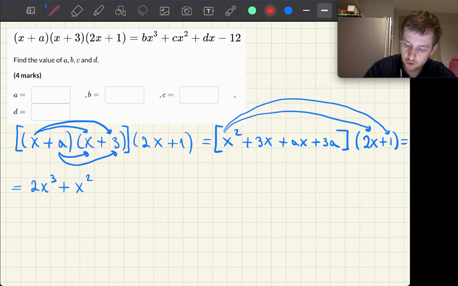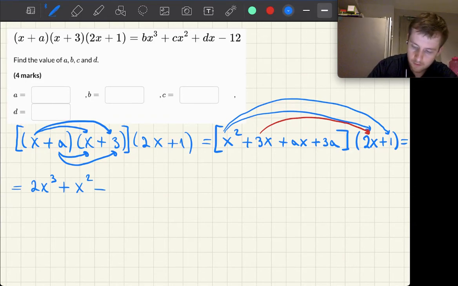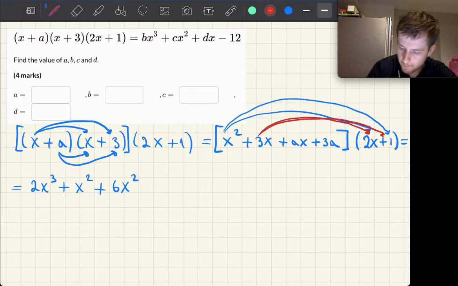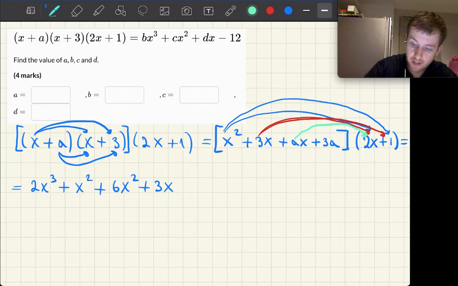I'm going to change the colors for this one. Then we have 3x times 2x, this is going to be 6x squared. Then we have 3x times 1, which is 3x. I'm running out of colors. Now ax times 2x, this one is interesting.